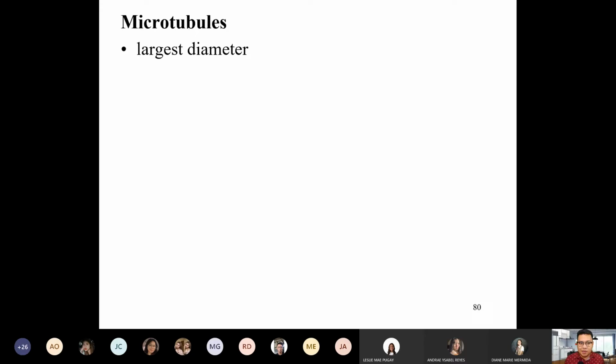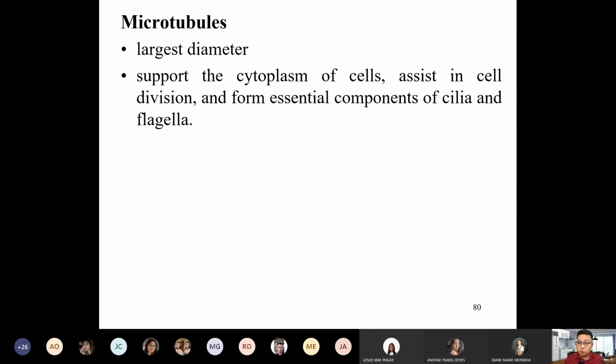Okay. So the microtubules are the largest in diameter, pinakamalaki. The main role is to support the cytoplasm of the cells, assist in cell division, and form essential components of cilia and flagella. Okay?